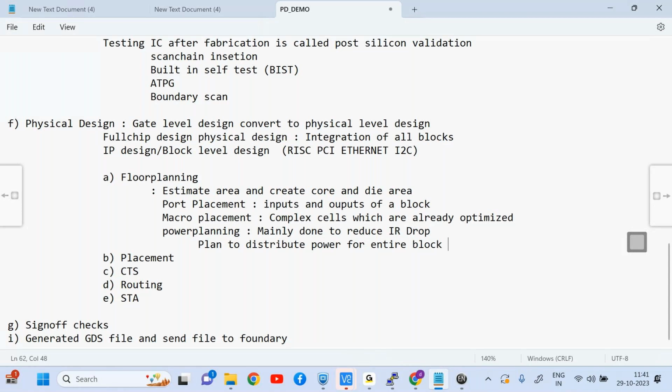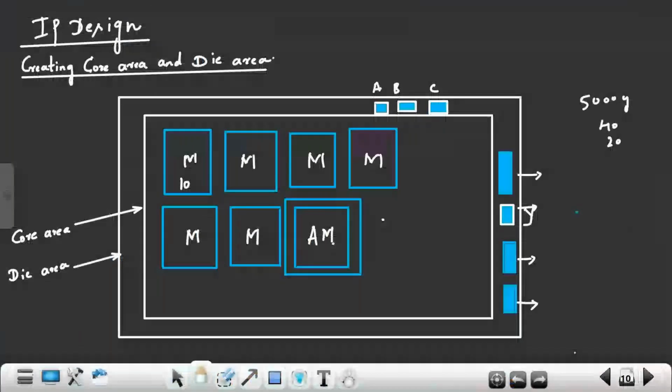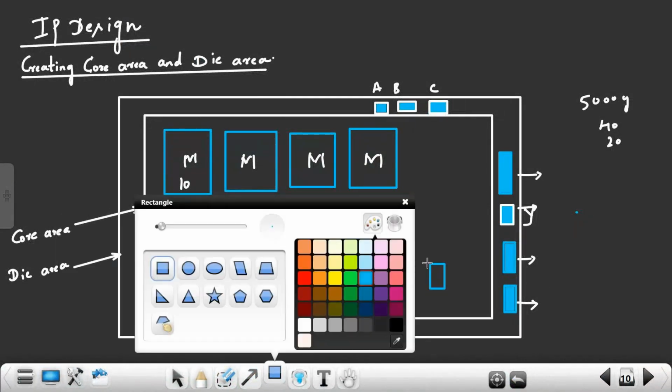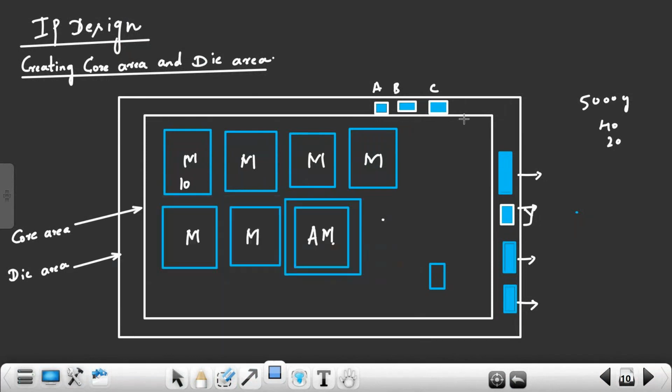See what happens. What is IR drop? For example, I have one standard cell. This standard cell has a VDD connection. I am taking the VDD connection from somewhere here.